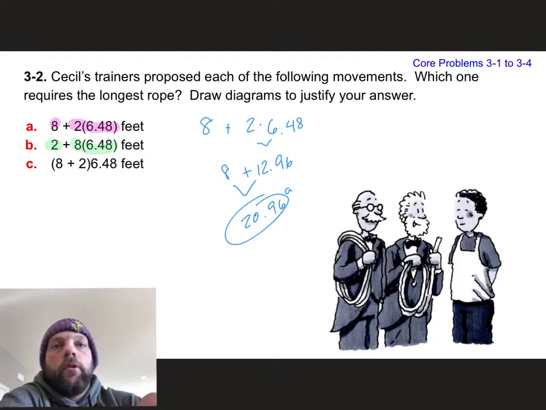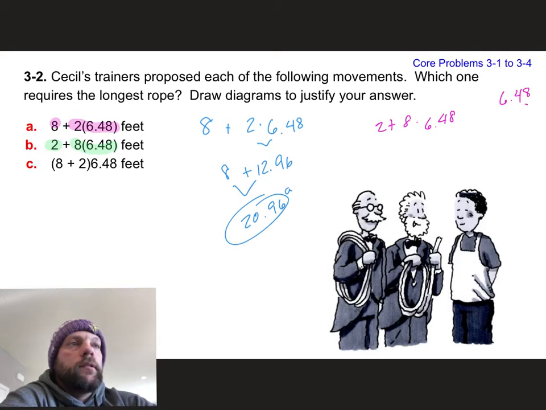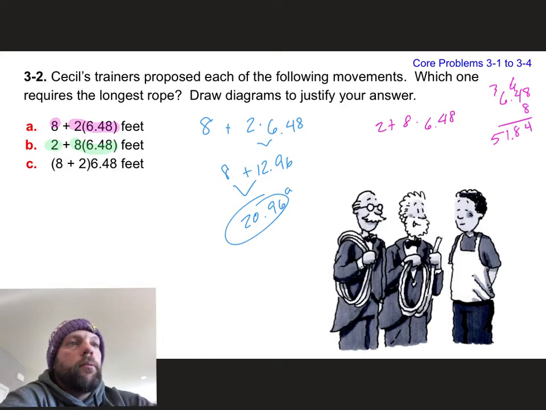So now when I go to fill my work out, I have the 2 plus 8 groups, so that's multiplication, 6.48. 6.48 times 8 is going to give me 64. 32 plus, that's a 6, 38. 6 times 8 is 48, 51. 2 decimal places, so 51.84 plus 2.